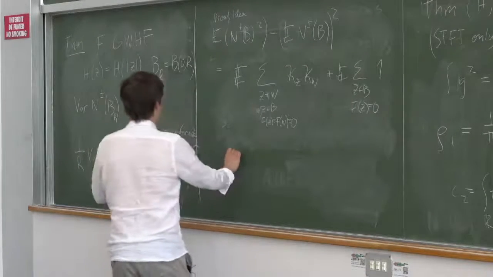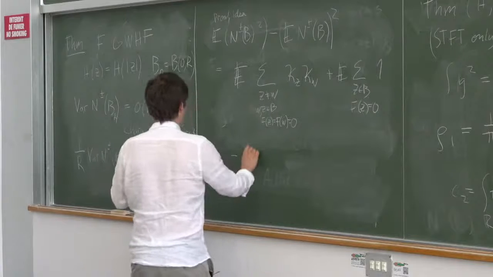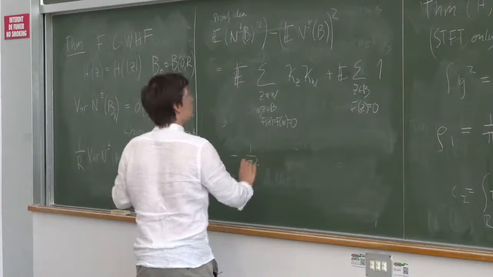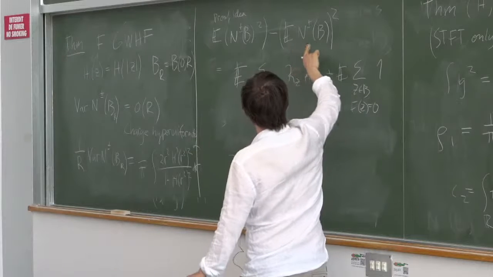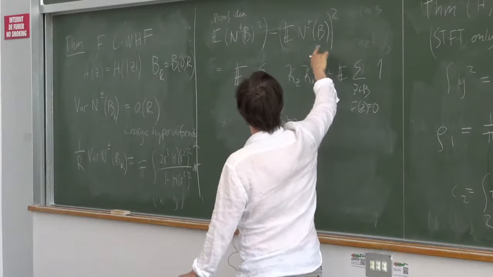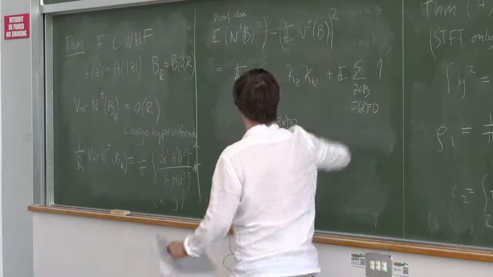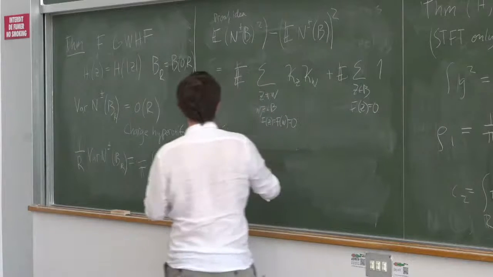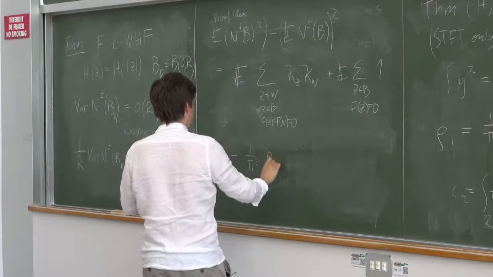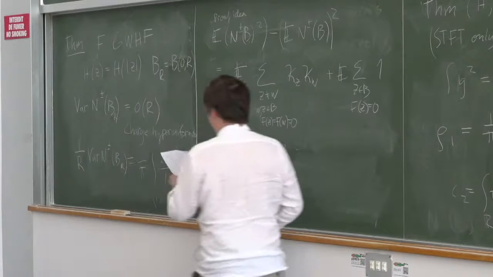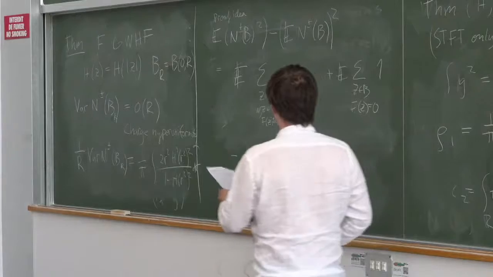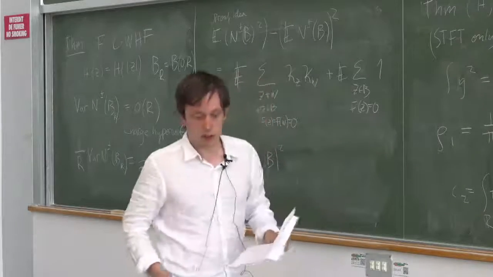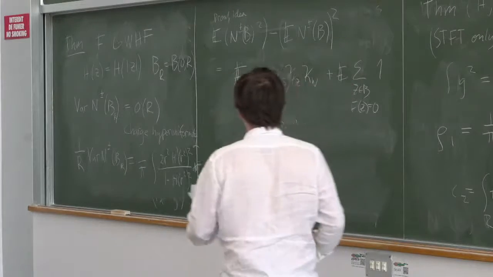And then I know this was computed to be, I know the 1-point charge intensity, so this is 1 over pi squared times the volume of B squared. Okay, so then some further rewriting.